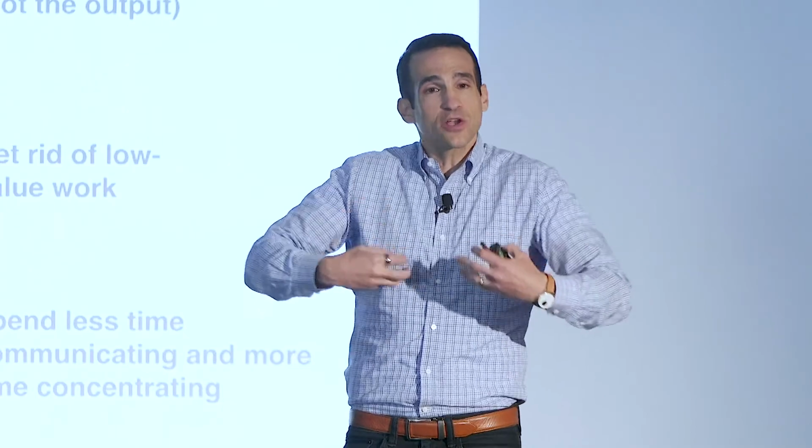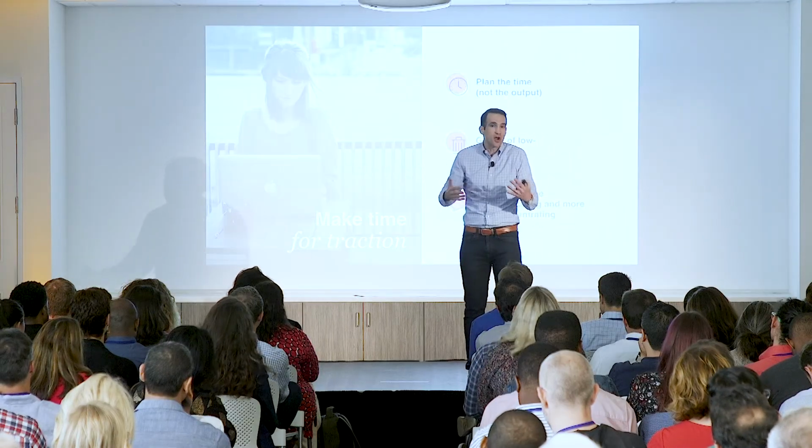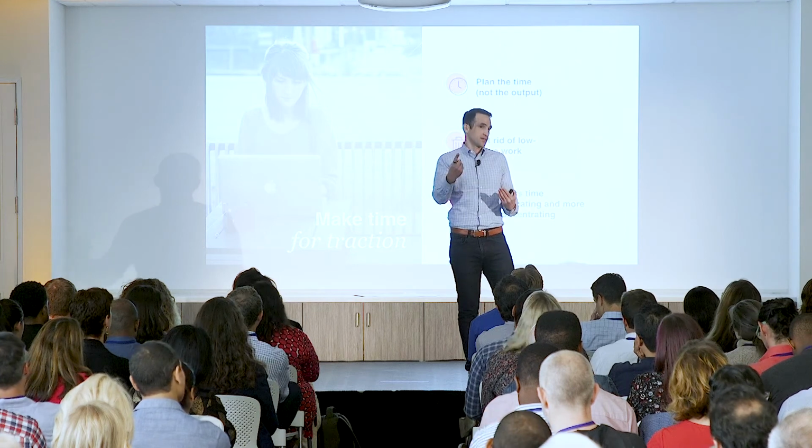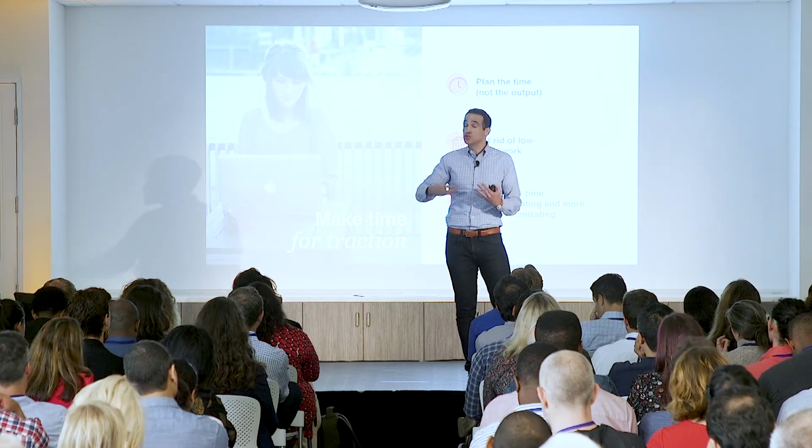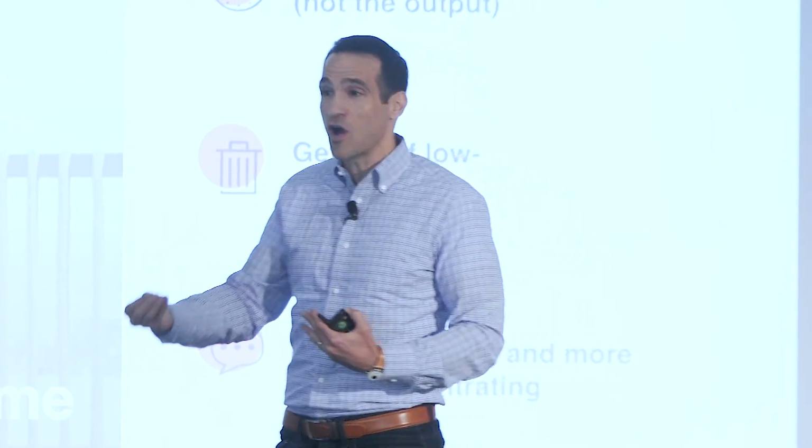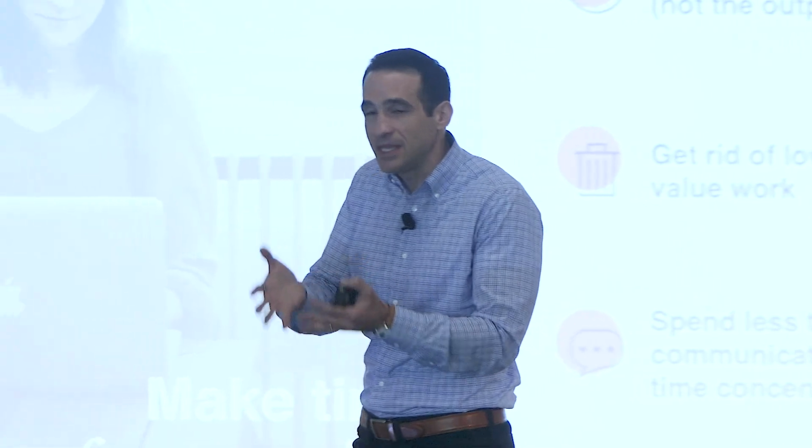Well, if our work output as knowledge workers, whether you're a designer, an engineer, whatever, it doesn't matter, your output is one thing. Your output is novel solutions to hard problems. That's what we do for a living. But you can't generate novel solutions to hard problems without time in your day to focus, to think. Concentration, time to work through these problems and strategize is a huge competitive advantage, and it should be in our calendar as well.